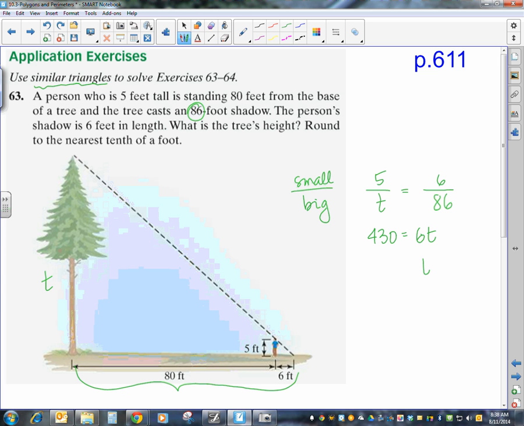Divide both sides by 6. And t equals 71.6 repeating, okay? Which means that it's 71.666. And if I have to round to the nearest tenth of a foot, that's going to give me 71.7 feet.